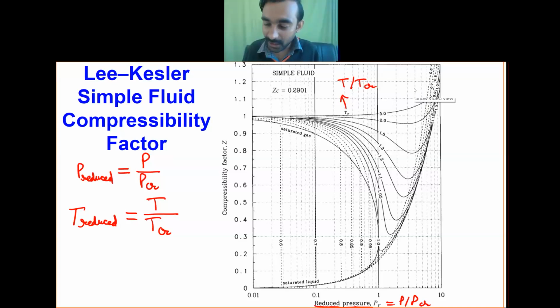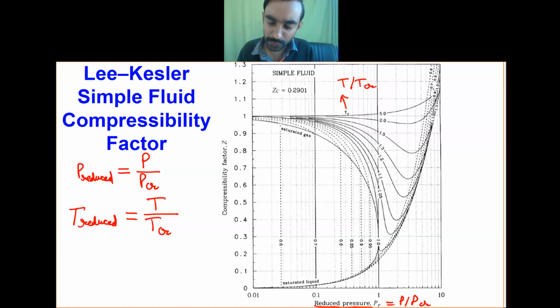So at the critical point, P reduced and T reduced are equal to 1. It means in this common diagram, irrespective of the type of gas, if you have to find the compressibility factor, you can refer to this diagram.